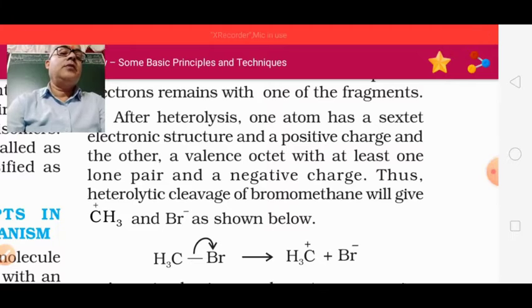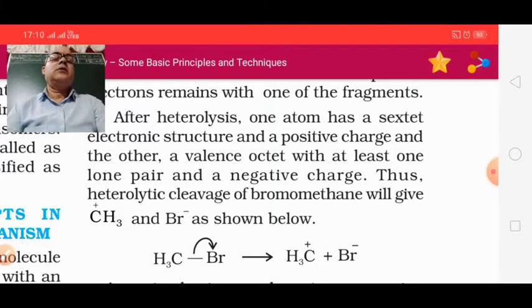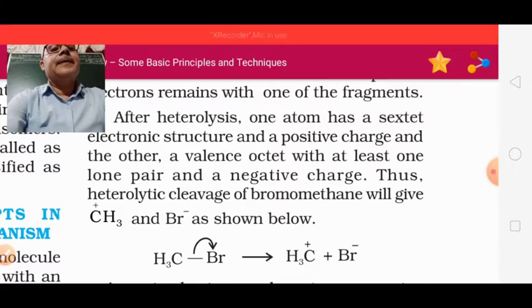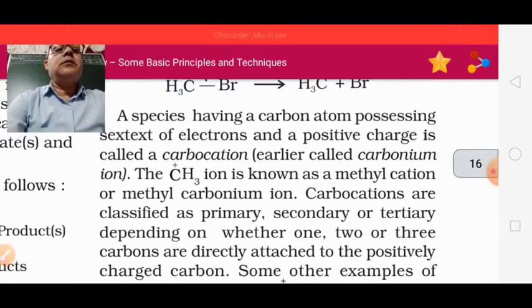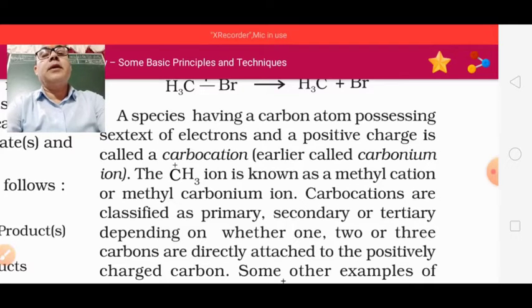This methyl group, the carbon, has 6 electrons and the bromide ion has 8 electrons; its octet is completed. A species having a carbon atom possessing a sextet of electrons and a positive charge is called a carbocation.